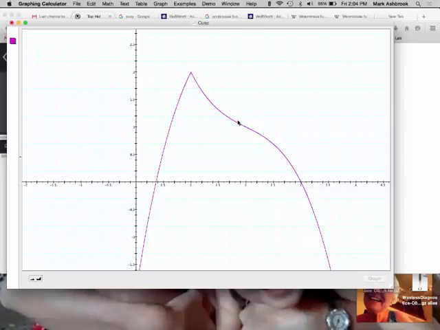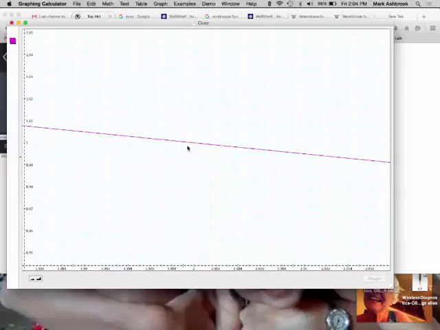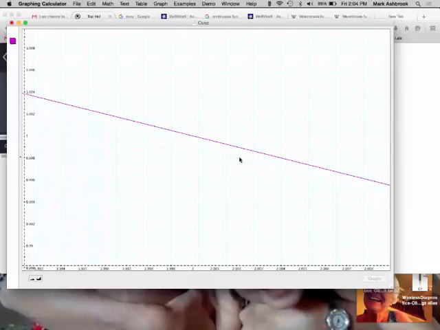Sure looks like it. How do we know for sure? Zoom in, and if you zoom in and for a small enough interval, it's essentially a constant rate of change, then we have a rate of change at that moment of x equals 2.